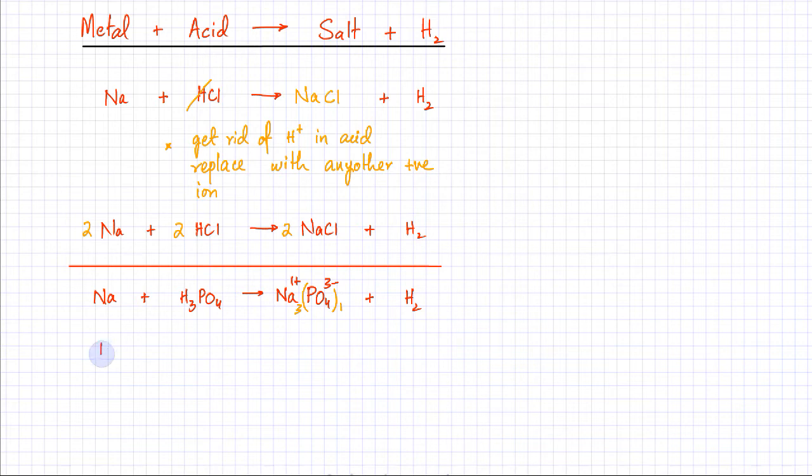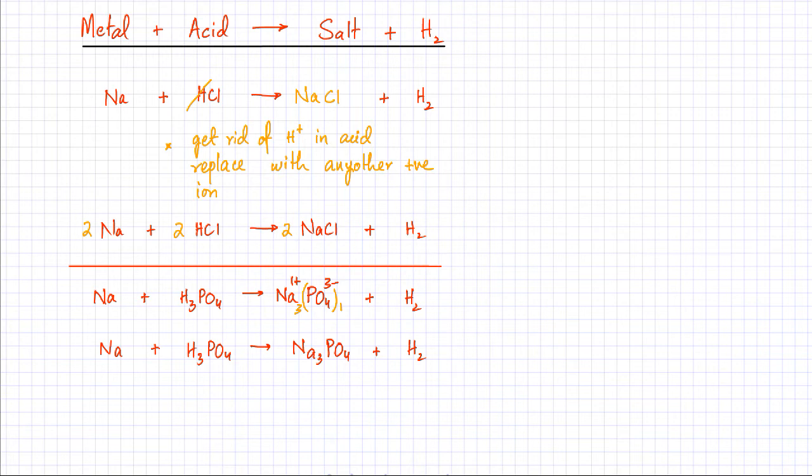So it's sodium plus H3PO4, giving me sodium phosphate, which is Na3PO4, plus hydrogen gas. Remember, PO4 was 1, so you don't really need to mention 1. It's very obvious that PO4 is 1, even if you don't write 1.